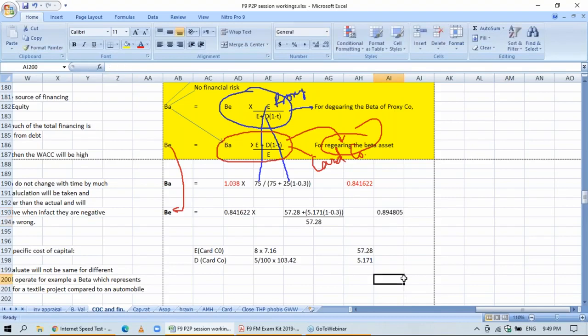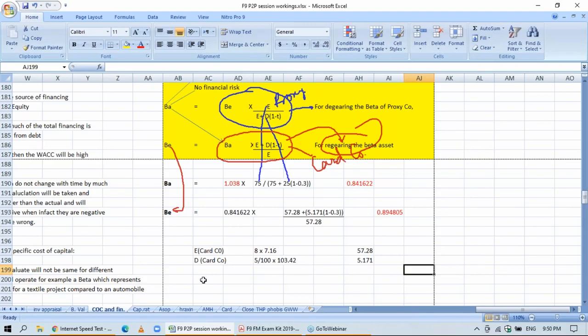This is your beta equity. So the proxy company's beta was 1.038, and the beta to be used by card company for its own investment projects is 0.894805, using its own financial risk.